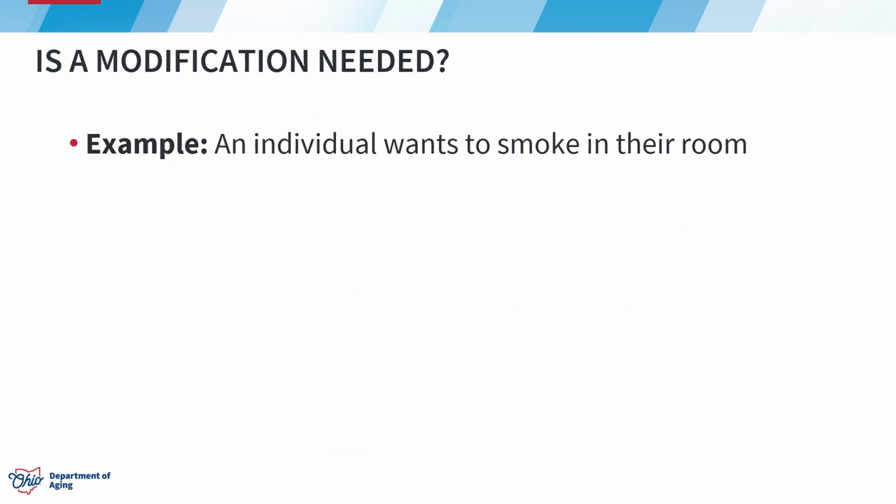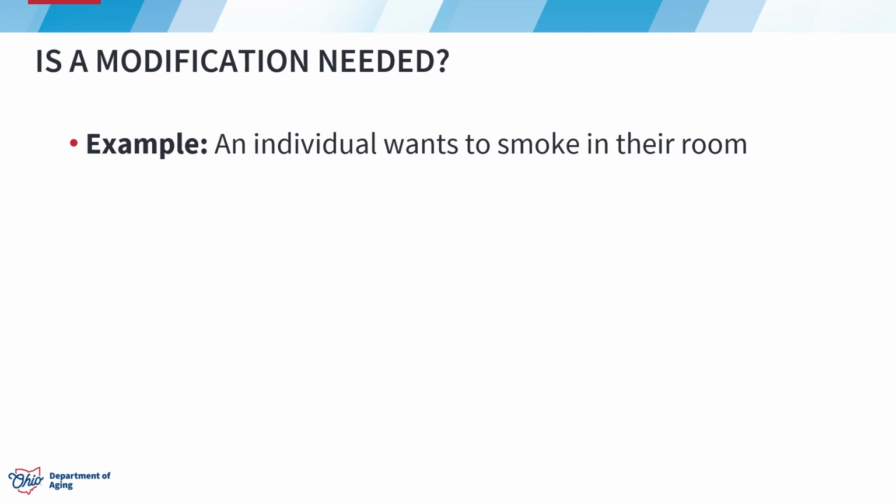Now that we've reviewed the additional setting conditions or requirements for provider-owned and or controlled settings, which are the assisted living facilities and adult day centers, we wanted to also go over an example about whether or not a modification is needed for somebody who wants to smoke in their own room who's in an assisted living unit.